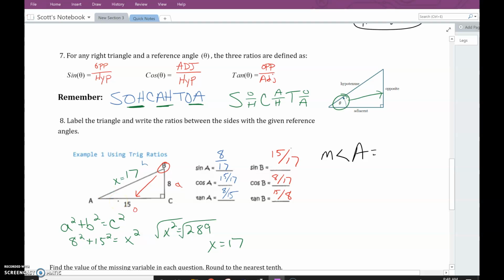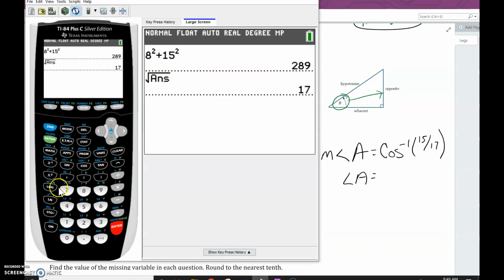Okay, so I'm going to use cosine. Cosine inverse of 15 over 17. Then angle A would equal, let's check it out, 28.1.